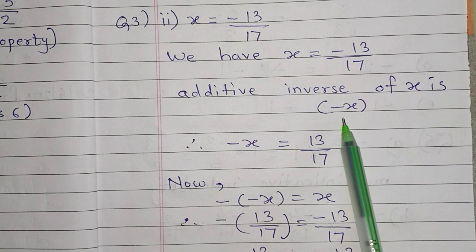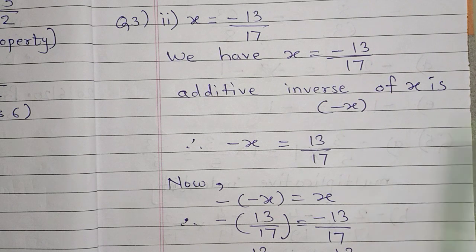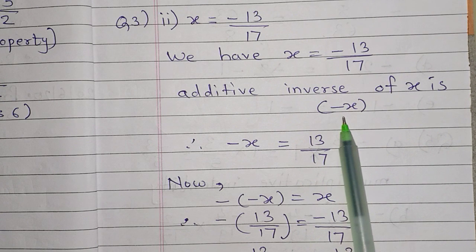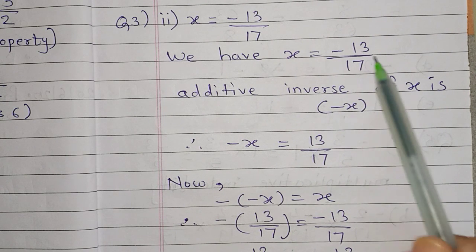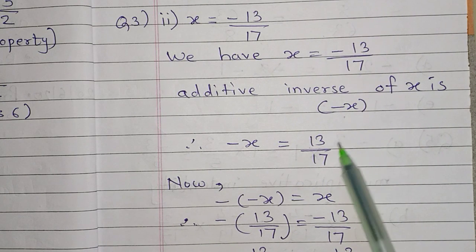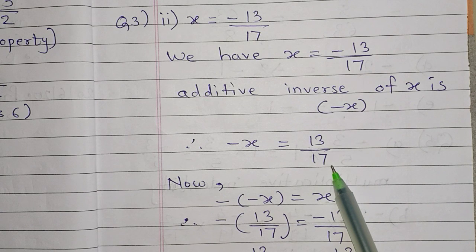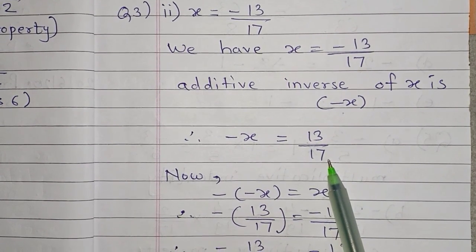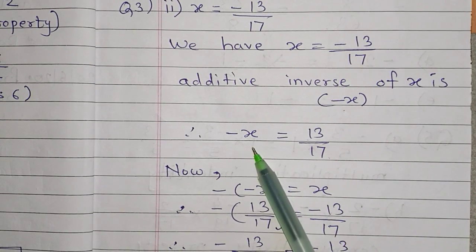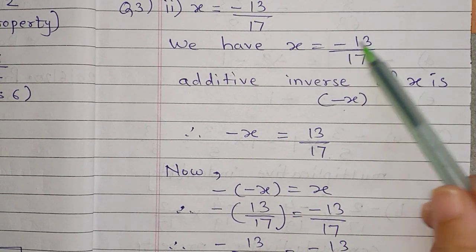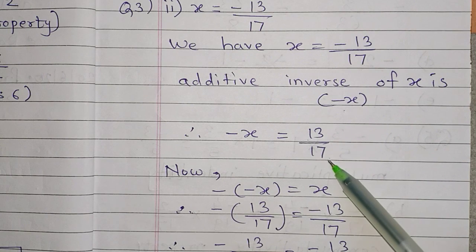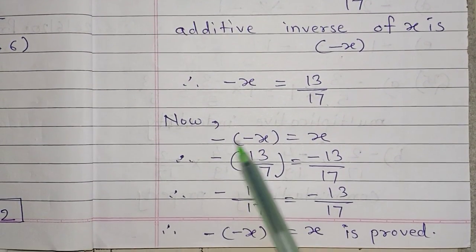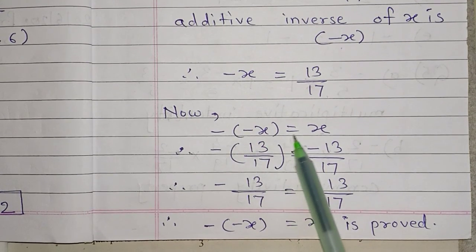Just now we have seen some examples on additive inverse. So the additive inverse of minus 13 upon 17 is 13 upon 17. Have you understood up to here? The additive inverse of x is minus x and the additive inverse of minus 13 upon 17 is 13 upon 17. Now we have to prove that minus into bracket minus x is equal to x.